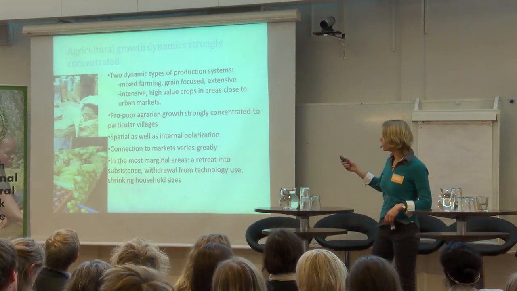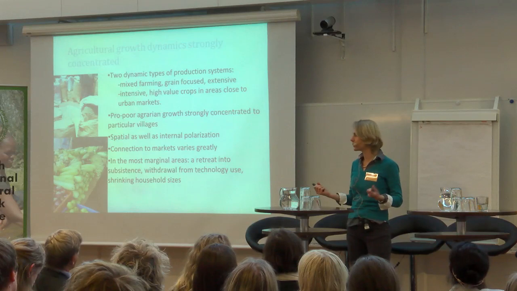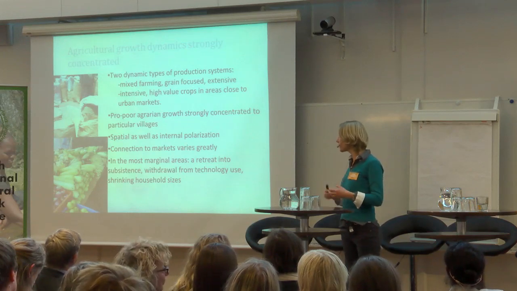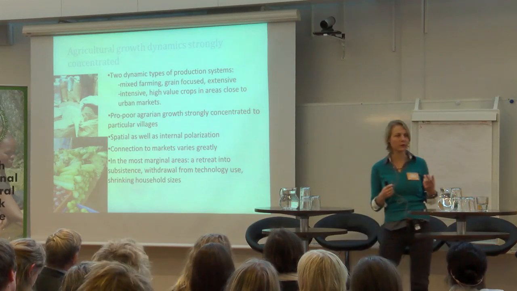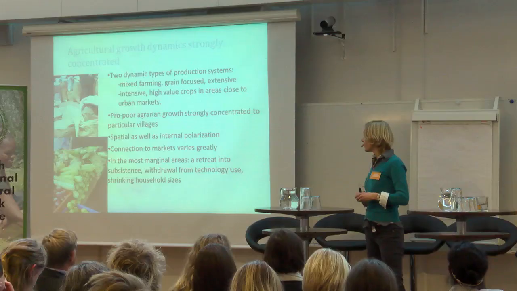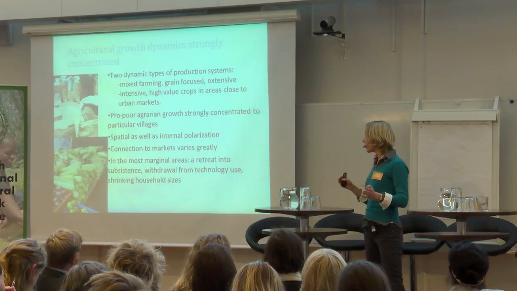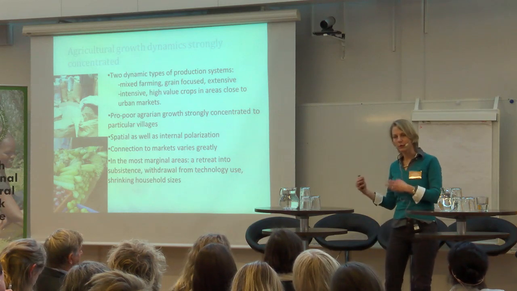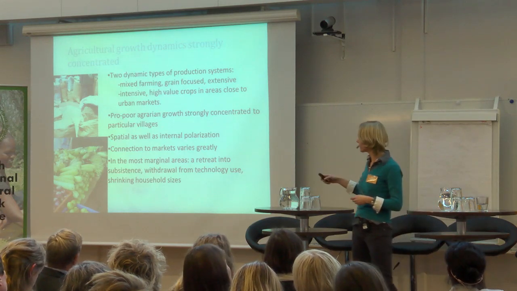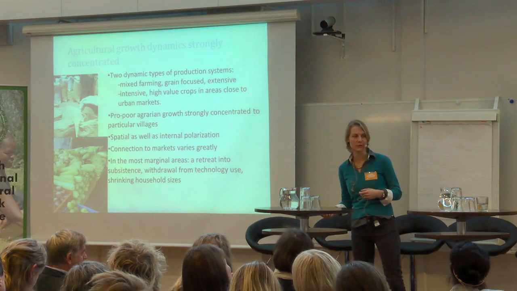So in that sense, what we see is spatial as well as internal polarization, where the connection to markets is very crucial in this type of polarization. And the opposite process is occurring in the most marginal areas, where what we see is actually a retreat into subsistence.